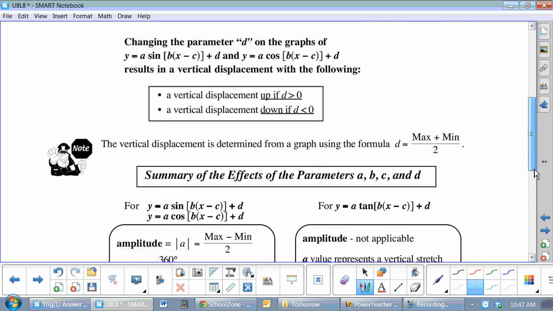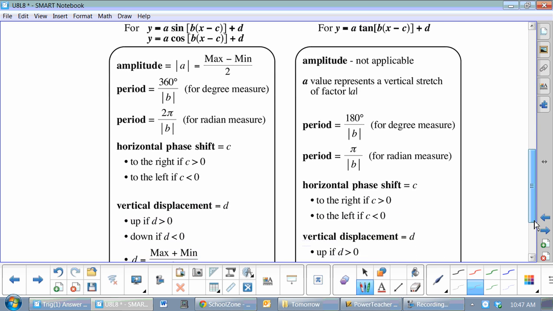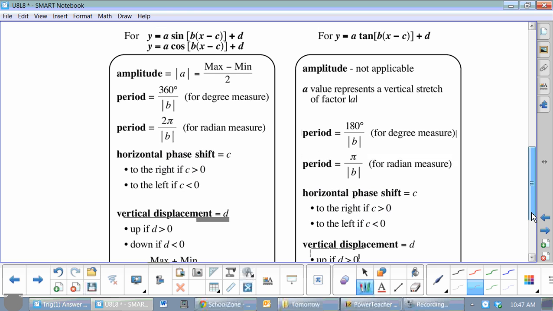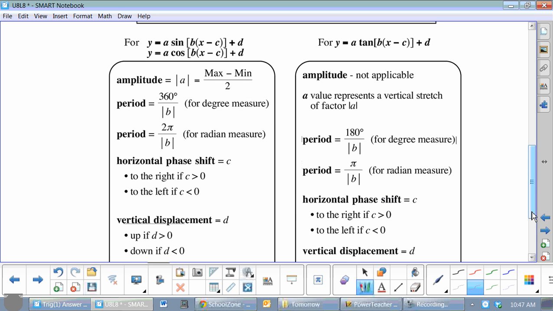So let's go down to the chart. The chart sums up everything that you need to know. Now, for sine and cos, A is max minus min over 2, or amplitude. Period is done by 2 pi divided by B. Horizontal phase shift is when we have C greater than 0 or less than 0. It's going to move right when C is greater than 0.